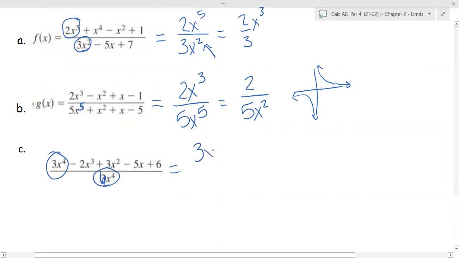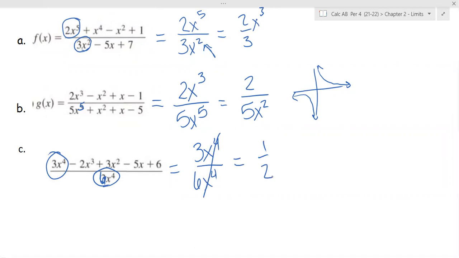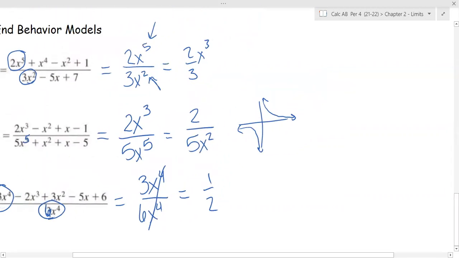So this would be 3x to the 4th over 6x to the 4th. And if I reduce that, I would have 1/2. So that's just going to be a constant. So that means your end behavior is just going to be a constant in that case. So that was a reminder of your pre-calc information.